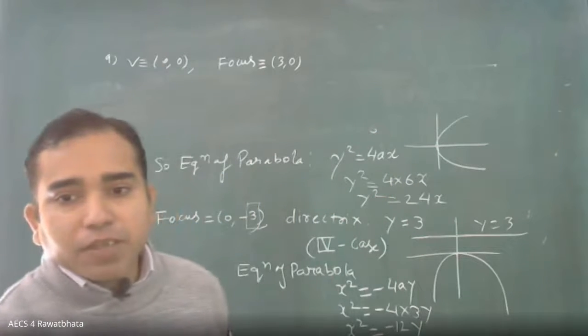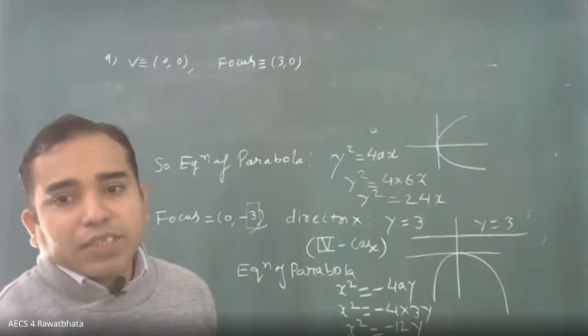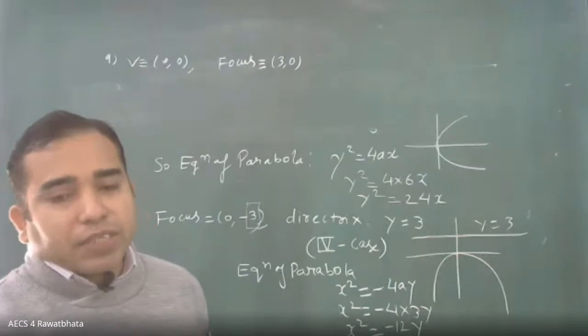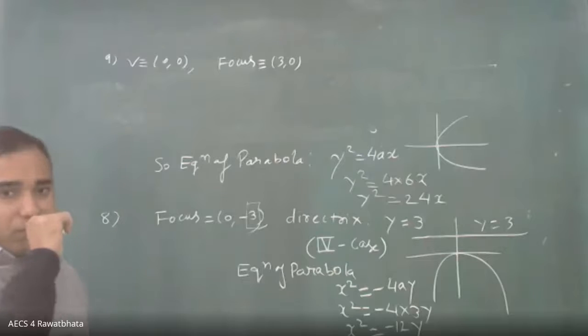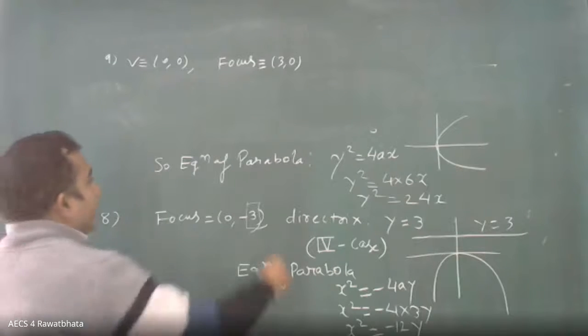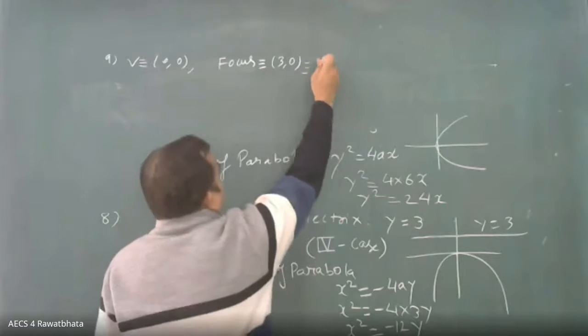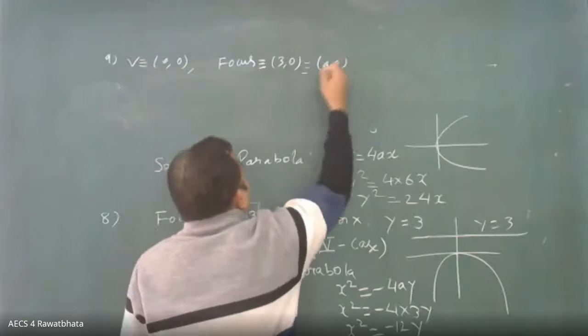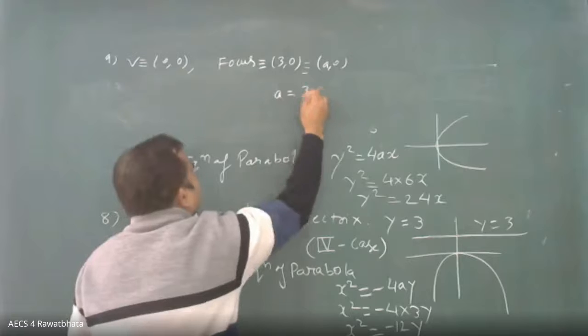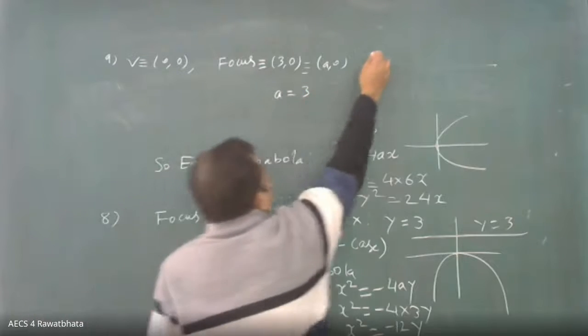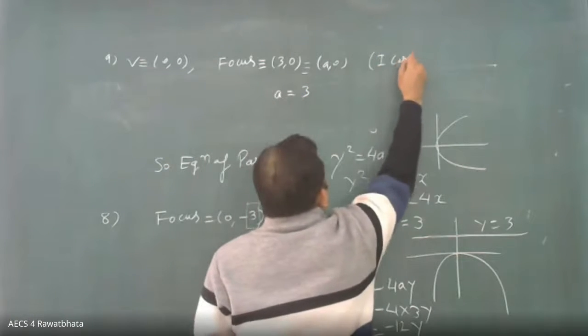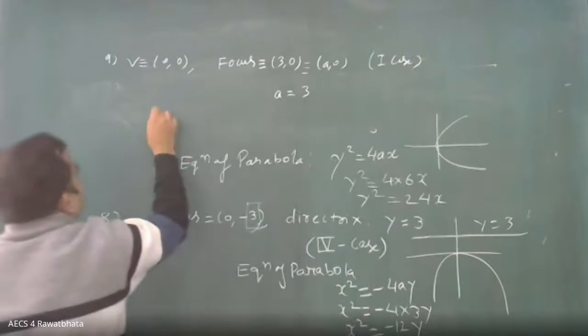How will this work? First case. Yes, first case it is. So first case means the coordinates are a, 0, right? So a equals 3 here, and in the first case, what is the equation of the parabola? y square equal to 4ax.